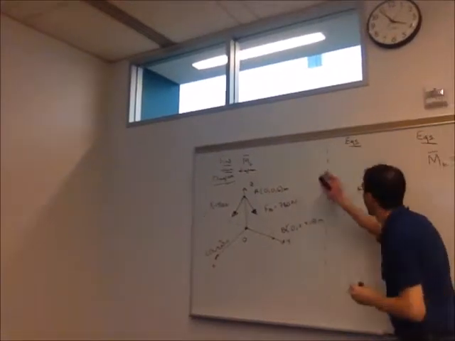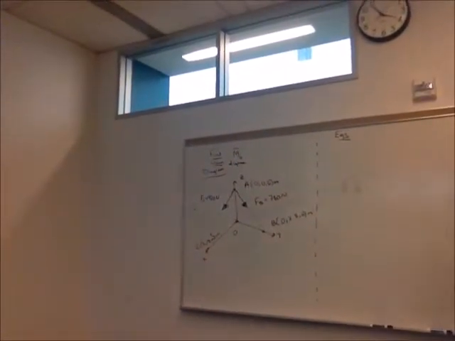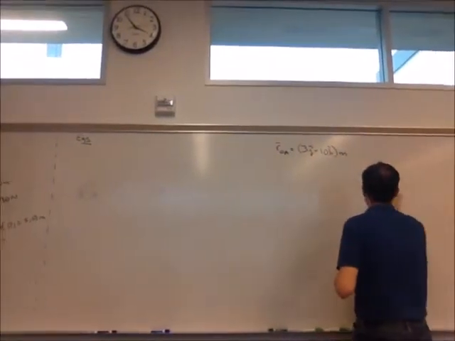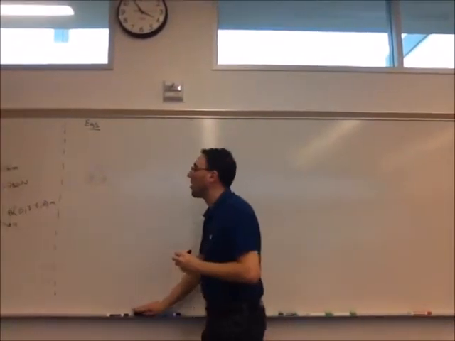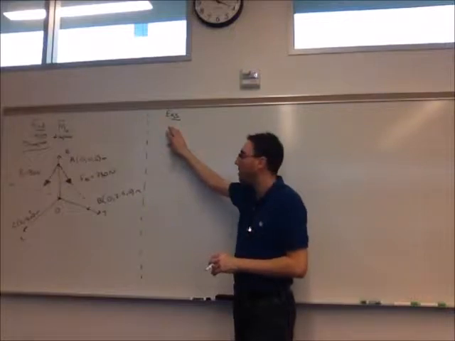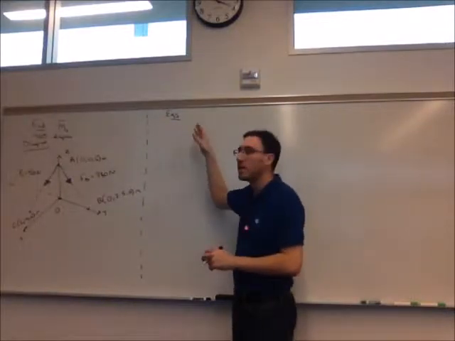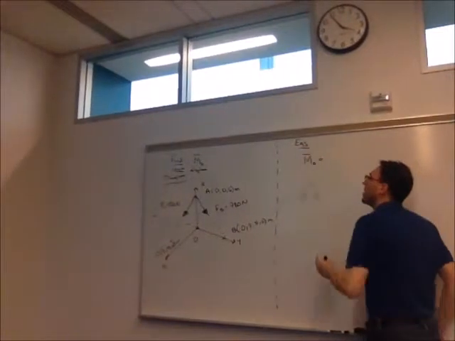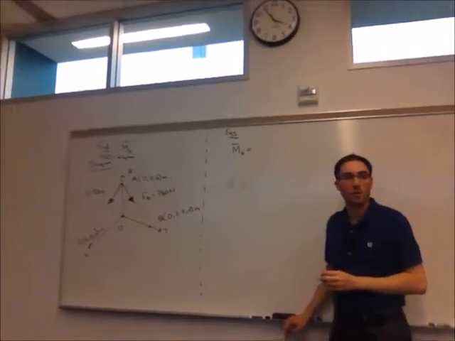All right, so now we have a full diagram that we're going to use, so we can jump to the equations that we're going to use. Ultimately, where do we want to end up? Well, that find step: how are we going to find the moment around point O?